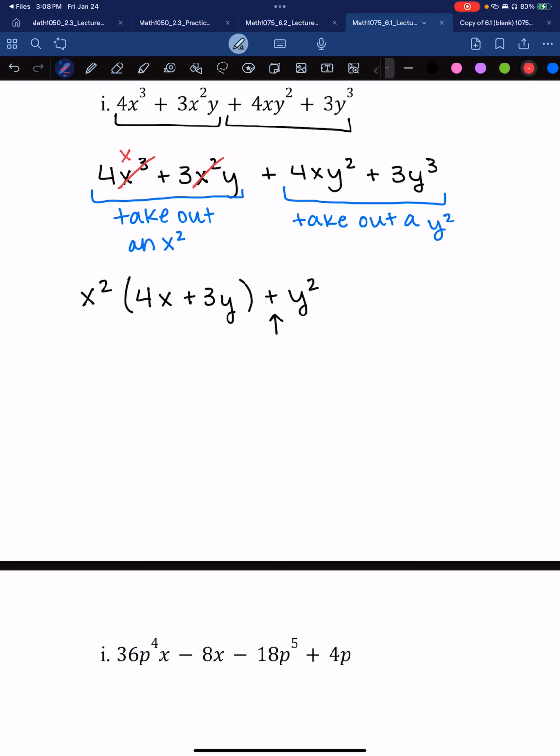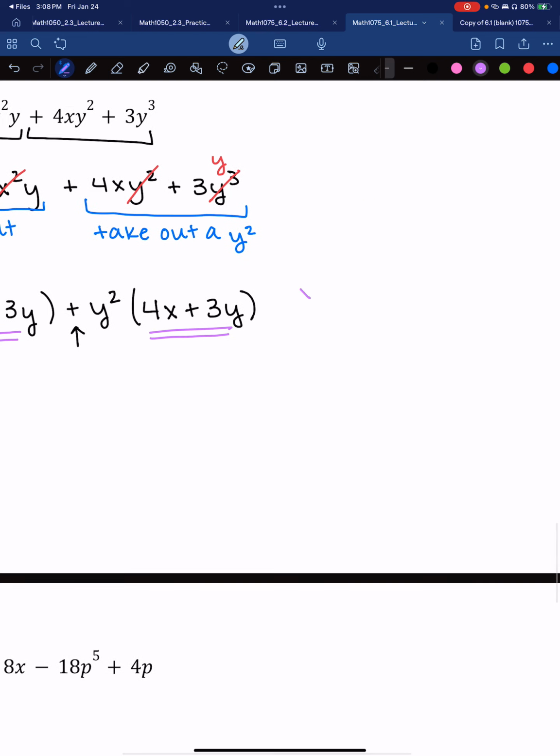So we took out the y squared, which gets rid of this term completely. And from the y cubed, we are left with 1y. So now we rewrite what we have left. So we have 4x plus 3y. And now notice that these terms in the parentheses are exactly the same.